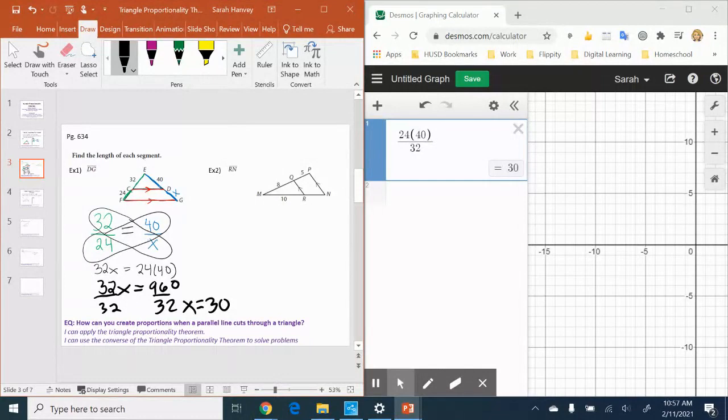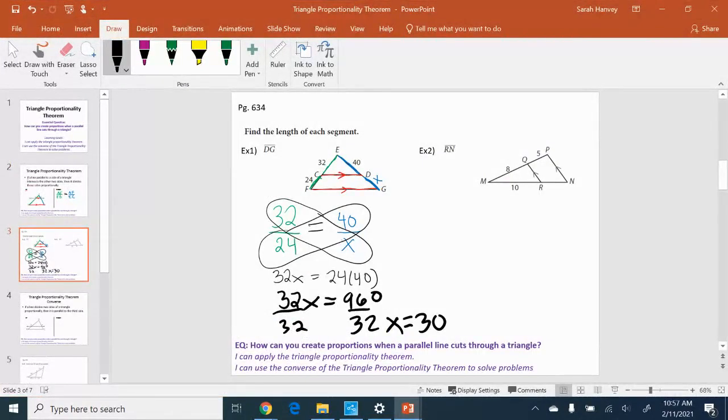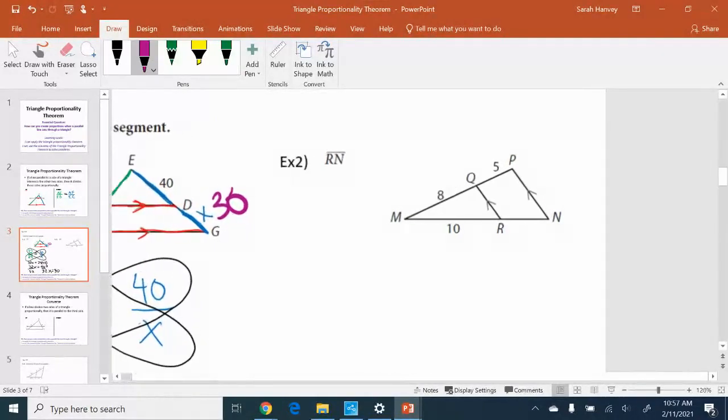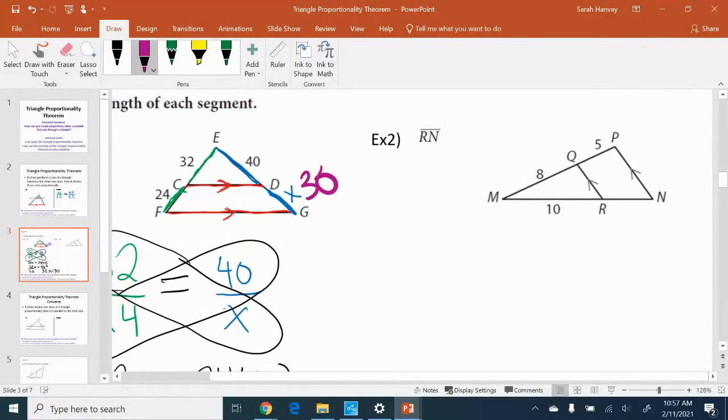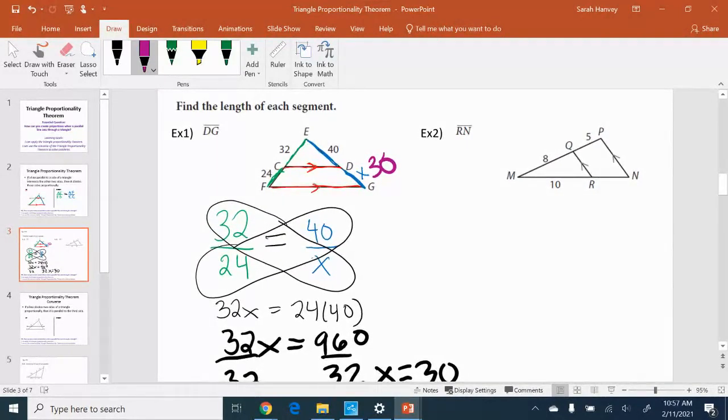And so that is how you would find the length of that missing side. So we know x, the length of this, is going to be 30. All right, so hopefully that helps you. We're going to do one more example, and then we're going to do the converse.